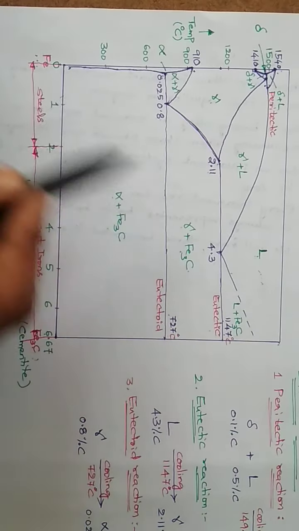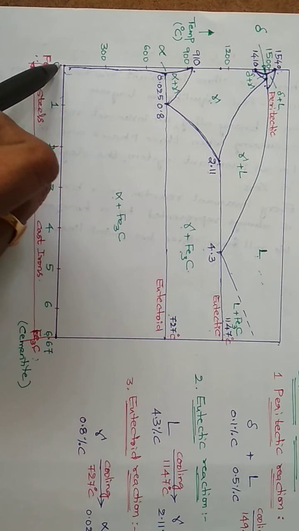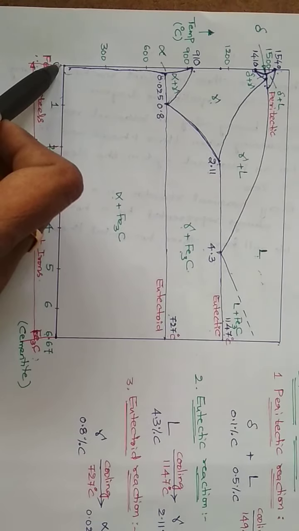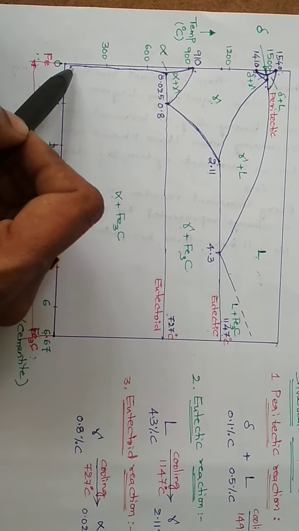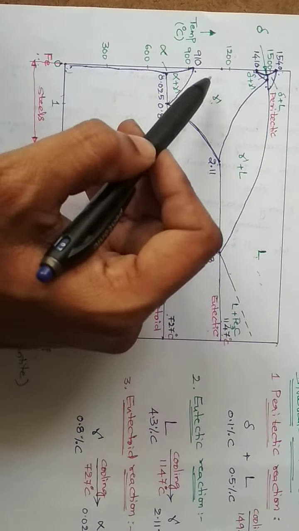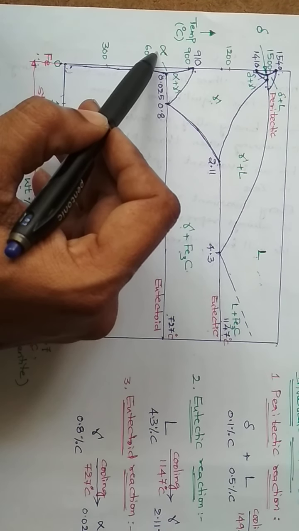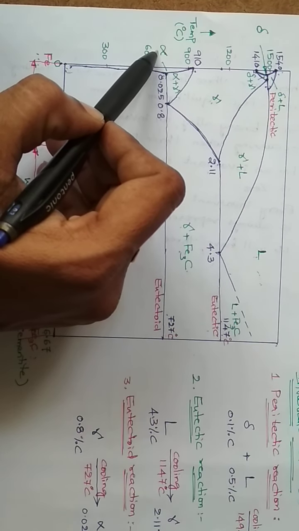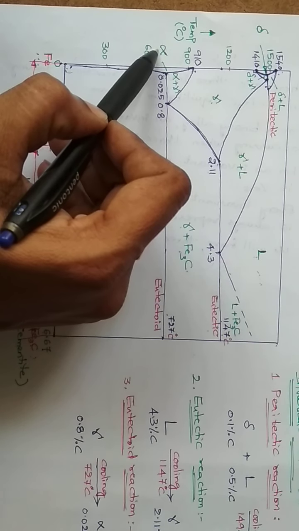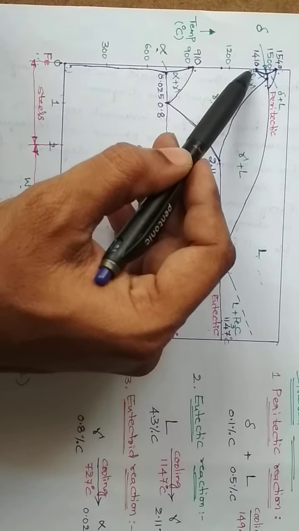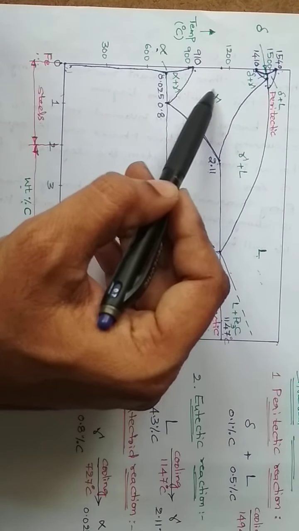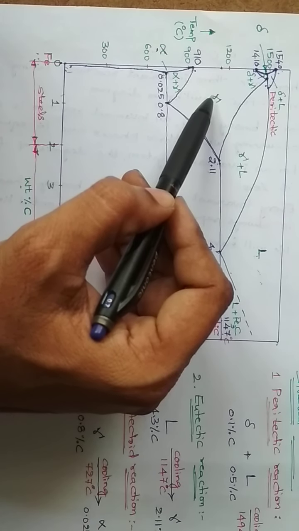Okay, now coming to this, iron exists in different crystal structures. This line corresponds to iron. From room temperature to 910, iron exists as alpha iron. This is known as ferrite, and the crystal structure is BCC. From 910 to 1410, iron exists as gamma iron, and gamma iron is also called austenite.